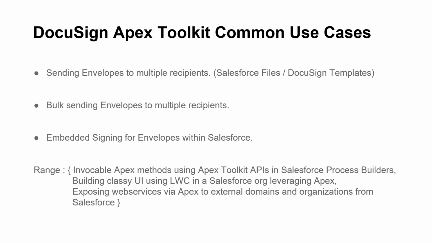So the range encompasses any functionality in Salesforce that can be automated via Apex. We have examples of how you can use our Apex Toolkit methods using triggers as well on our Developer Center website.